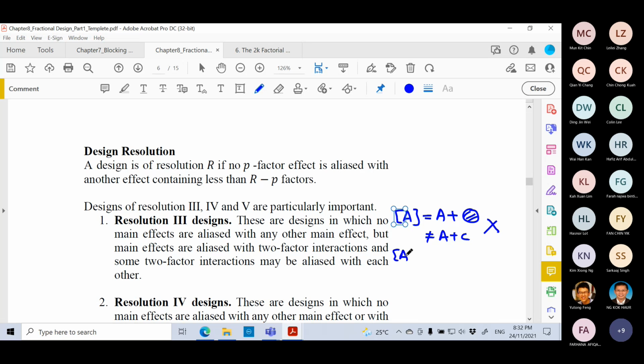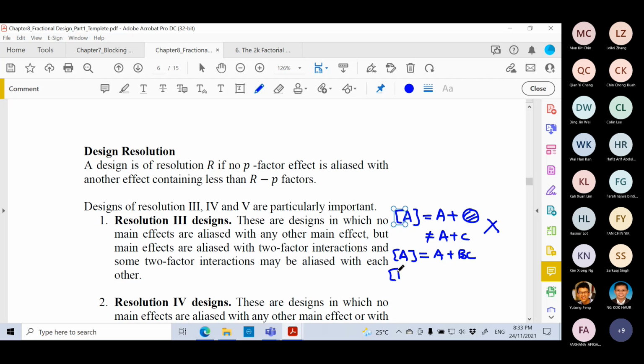But it is possible to get, let's say, A equal to A plus BC. Here it is mentioned that main effects are aliased with 2-factor interactions, as you have just seen. And some of the 2-factor interactions may be aliased with each other.